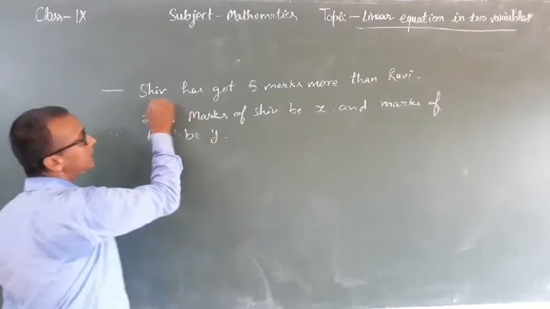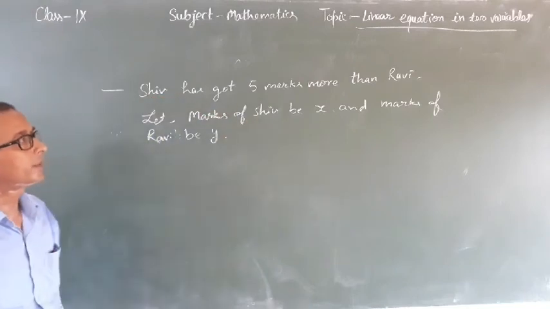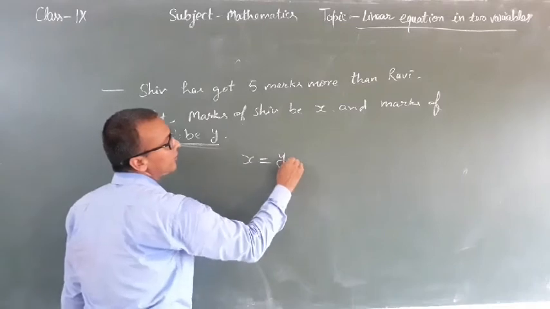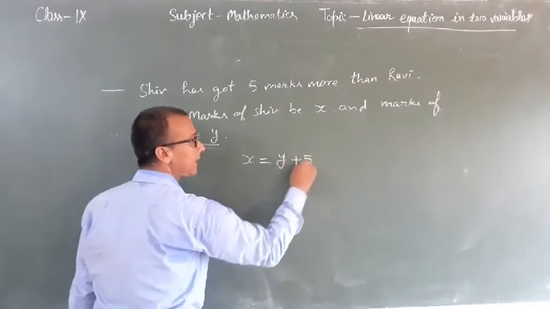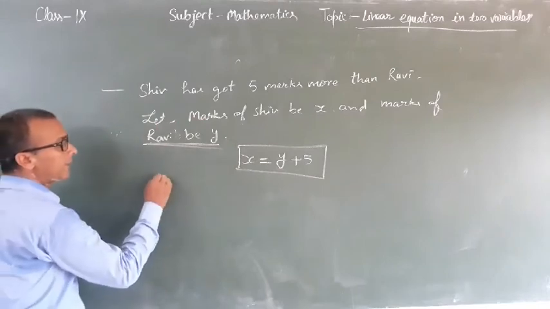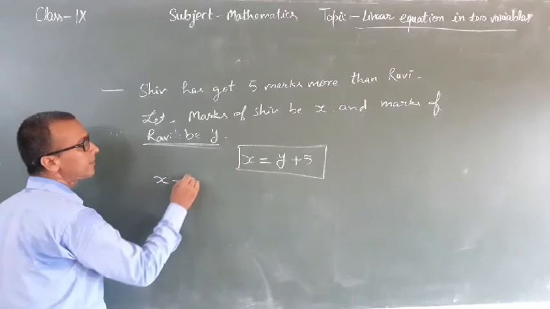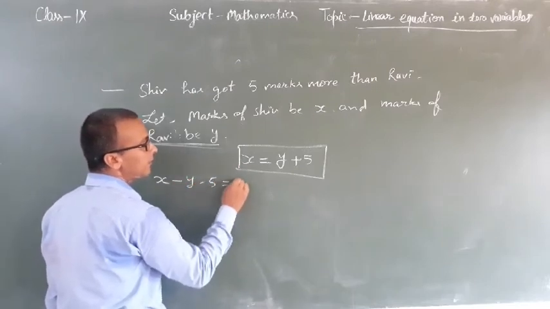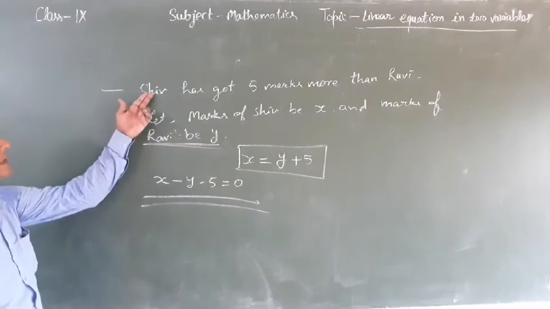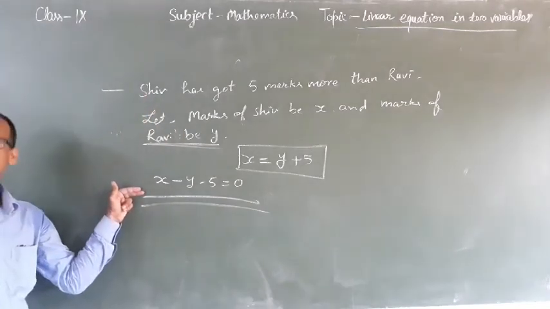Then according to this question, Shiv has got 5 marks more than Ravi. Shiv's marks is x, and this is equal to Ravi's marks plus 5. This equation is our required equation, and we can write it in standard form. It will be x minus y minus 5 is equal to 0. Now this statement is converted into a linear equation in two variables.